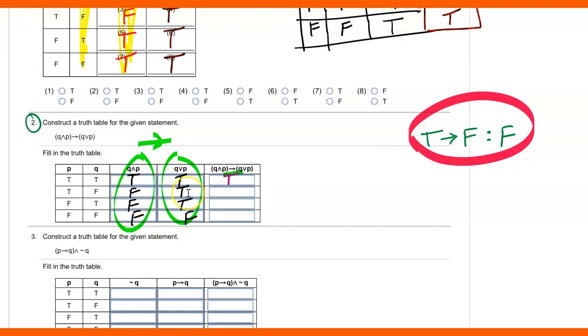False right arrow true, which is again true. False right arrow true, which is again true. False right arrow false, which is again true. Therefore, you see that all truth values are the same.